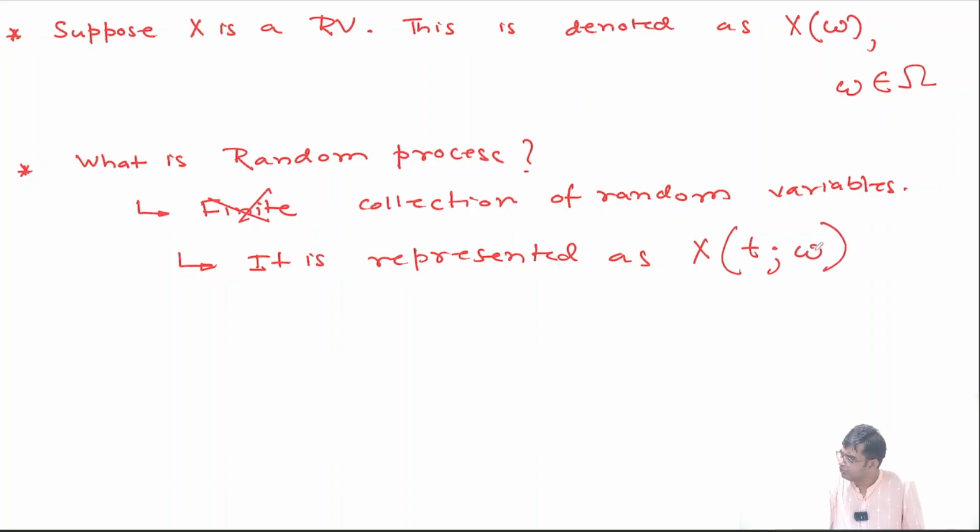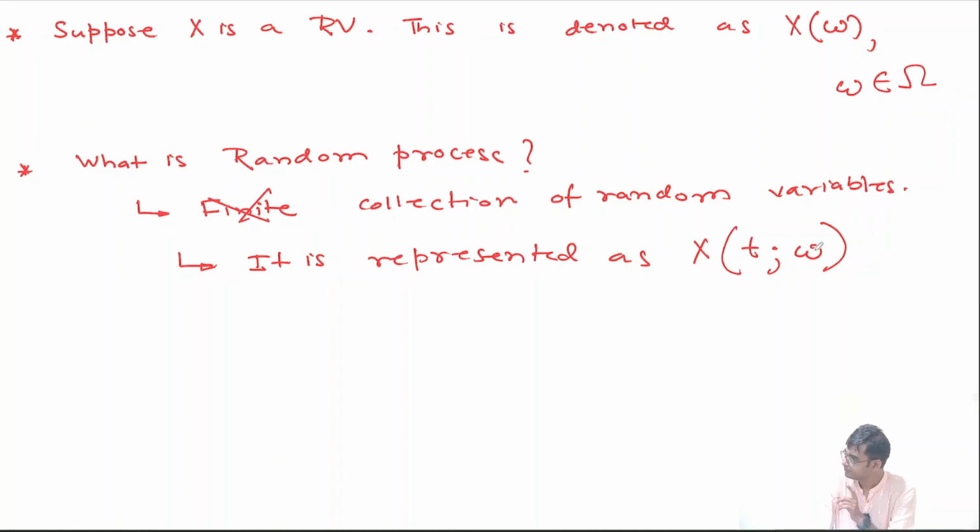This is how you are going to represent a random process. x is a function of t, which is time, and also a function of omega. And the fact that it is a function of omega denotes that it is random. If omega was not there, it's a normal time series, a deterministic time series. The fact that omega is there, it's a random time series or a random process.